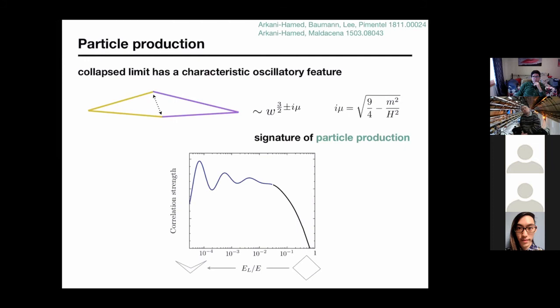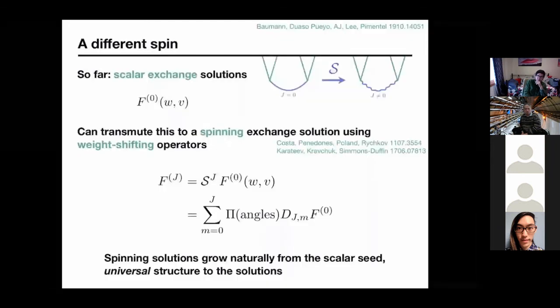And it turns out that as you approach this flat configuration, the amplitude of the correlator oscillates, and it oscillates precisely with a phase fixed by the mass of the exchange particle. And so if I handed you this object, by inspecting this collapsed limit, you could infer the mass of the particle that was exchanged.